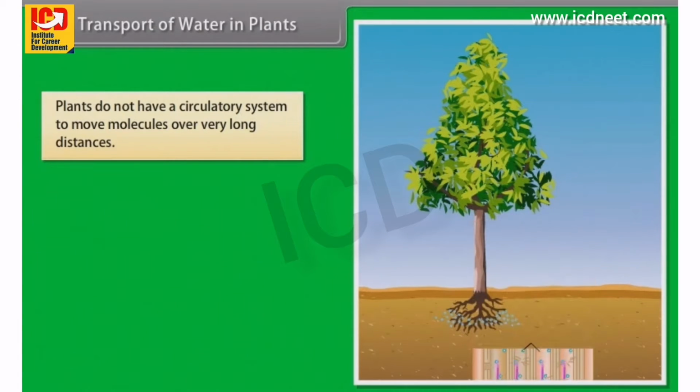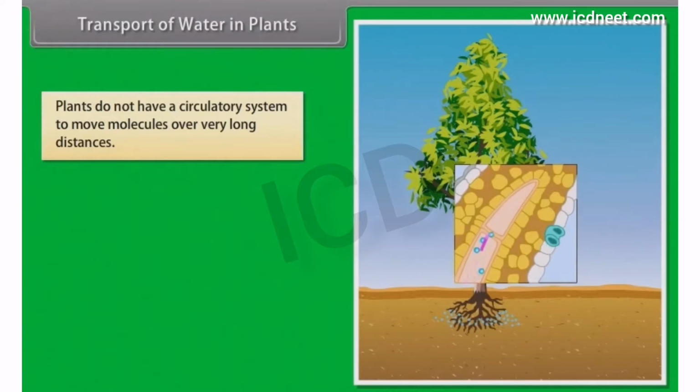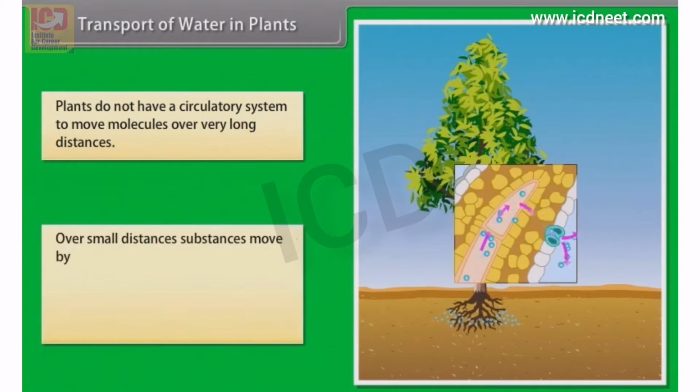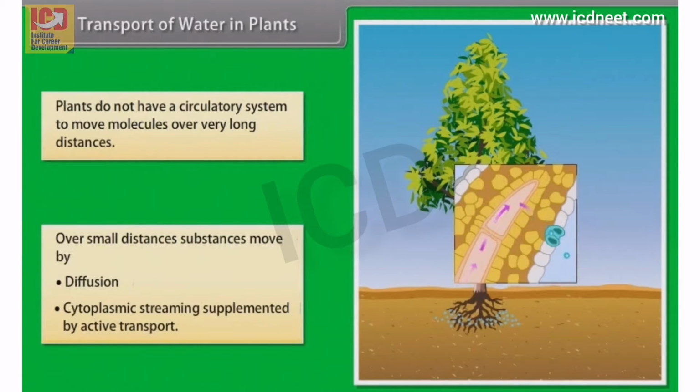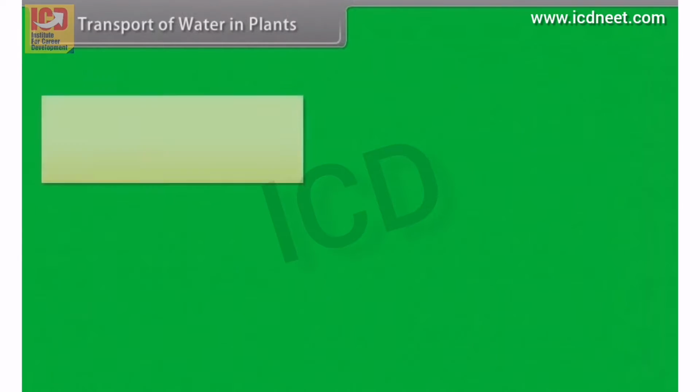In a flowering plant, the substances that would need to be transported are water, mineral nutrients, organic nutrients, and plant growth regulators. Over small distances, substances move by diffusion and by cytoplasmic streaming, supplemented by active transport.